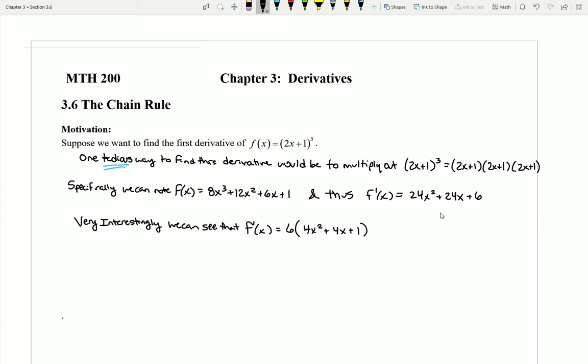And if I wanted to, I could actually factor that remaining set of parentheses as well. And I could write this as 6 times the quantity 2x plus 1 squared. If you do 2x plus 1 times 2x plus 1, you generate this 4x squared plus 4x plus 1 quantity that we have here. And I'm going to actually write one final rewrite here. I'm going to notice that 6 could be rewritten as 2 times 3.